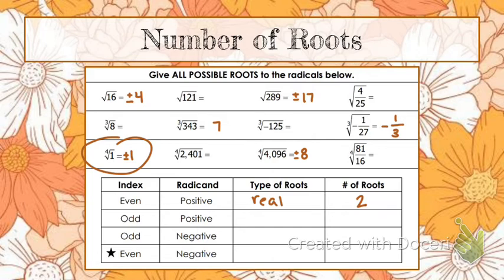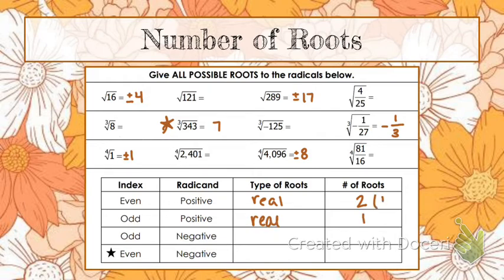So now for the next one, we want to know if you have an odd index and a positive radicand, what do you get? So odd and positive, that looks like this. So we have a cube root of 343. We got 7, which is a real number, and there was only one of them.